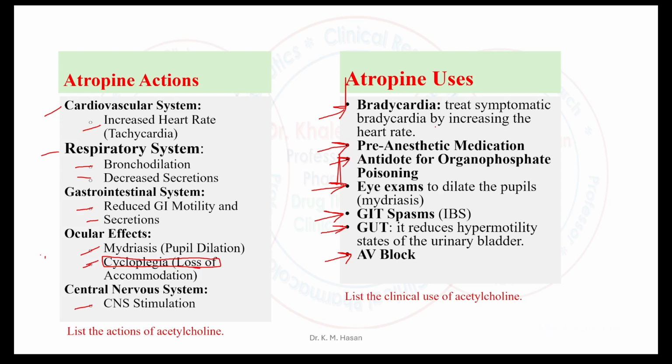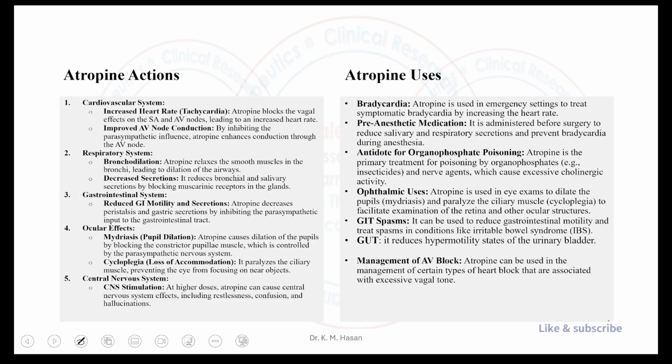If the patient suffers from AV block, atrioventricular block, we can use atropine. If you need more detailed information, this slide here provides in-depth detail about the actions and clinical use of atropine for bradycardia, anesthesia, antidote, ophthalmic use, GI spasm, and so on.